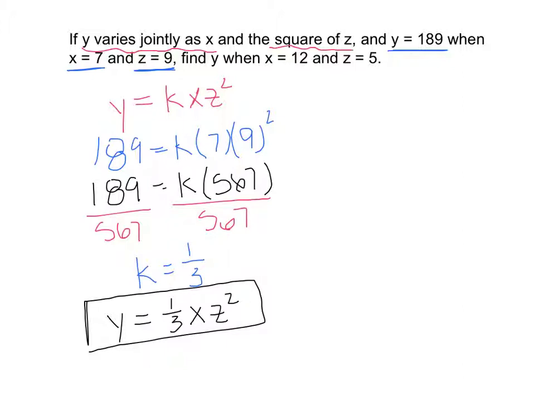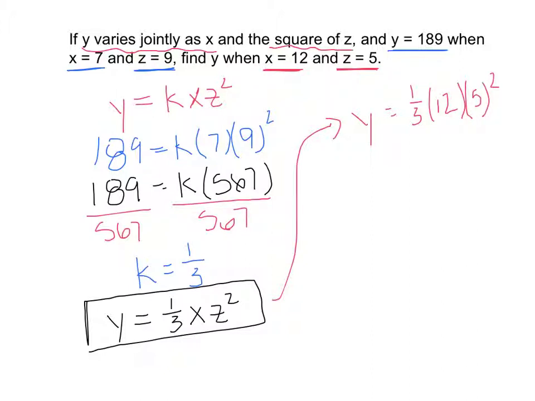And again, once we have this specific equation, we can solve all sorts of problems about this particular joint variation problem. However, what we want to do is find y when x is 12 and z is 5. So let's plug those values into our equation. Y equals 1/3 times 12 times 5 squared. This means that y equals 4 times 25.